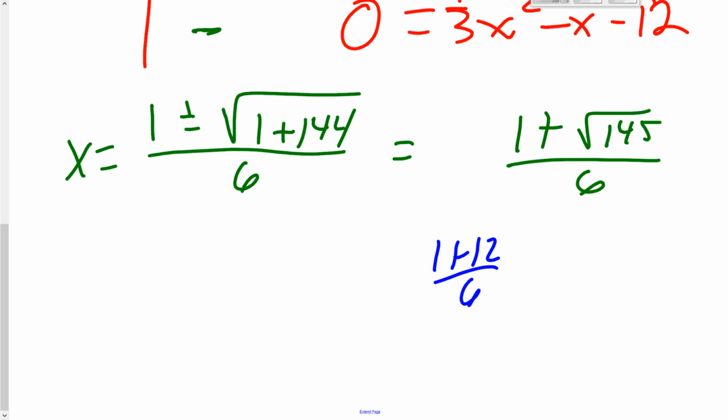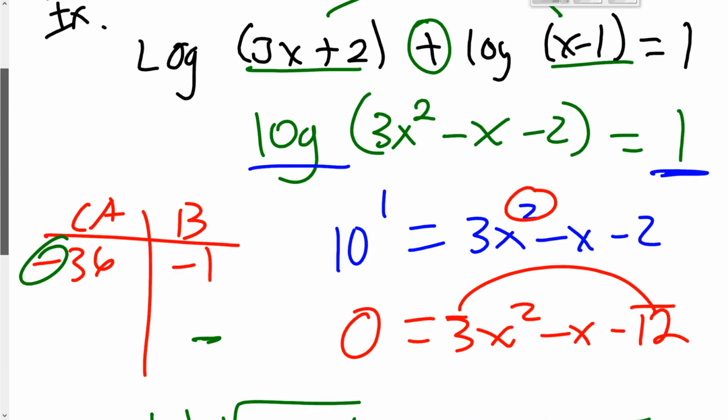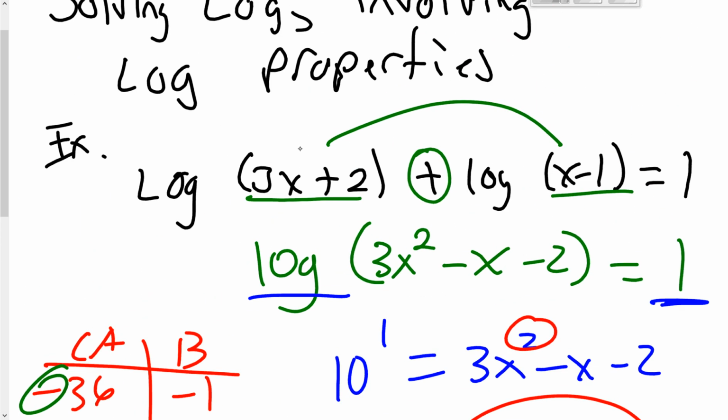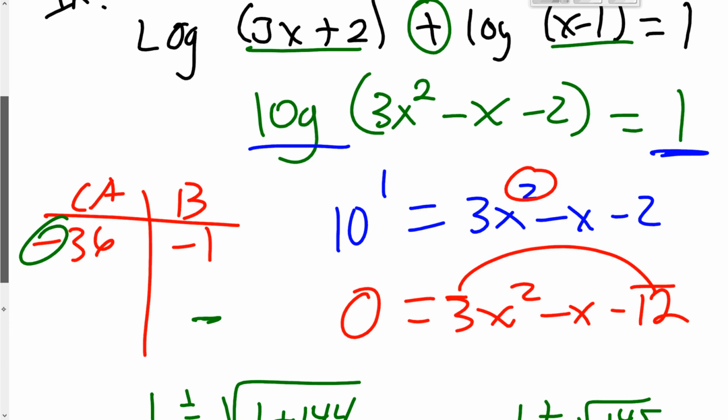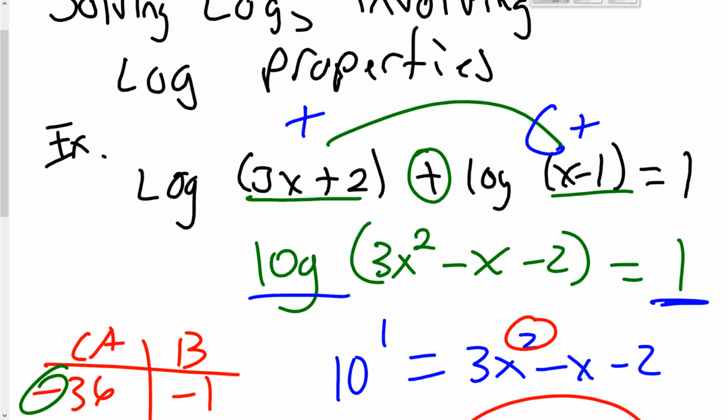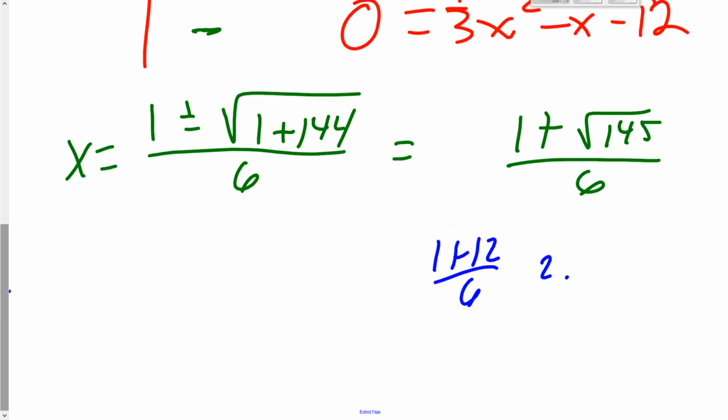So that's a little more than 2, right? So 2 point something. And if I put 2 point something back into the original, this is going to be positive, right? And this one, 2 point something, is still going to be positive, and I can take the log of a positive. So even though I'm not checking it all the way, I know that this positive one right here will probably work.